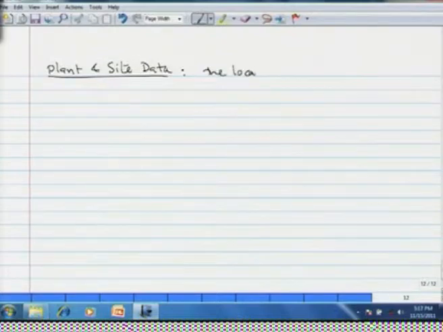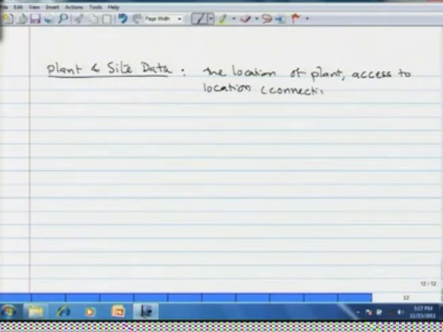The location of the plant, access to the location, whether it is connected by road, rail, air, then the local infrastructure, all these factors come into the picture. So, this is typically the general information that is needed at the beginning of process design.